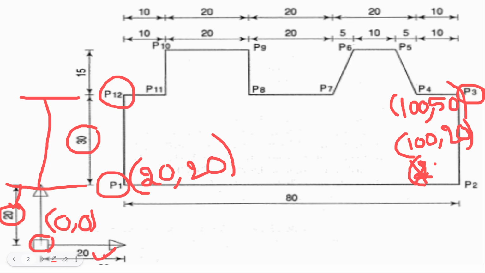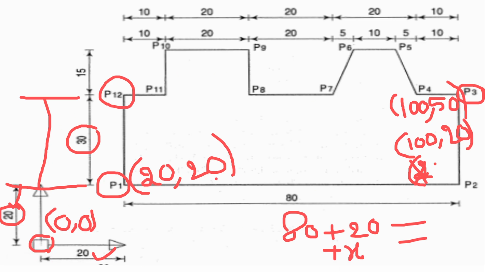You see, the maximum length in our diagram in the x-axis is 80 plus 20. You can see this is 80 and this is your 20. If I add, this gives me 100. So this is the maximum length in the x-axis. So I'll be adding some other distance or value such that I can conveniently draw this diagram within that rectangle.